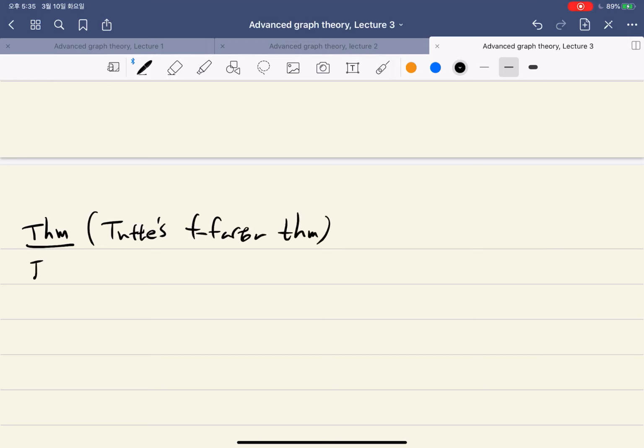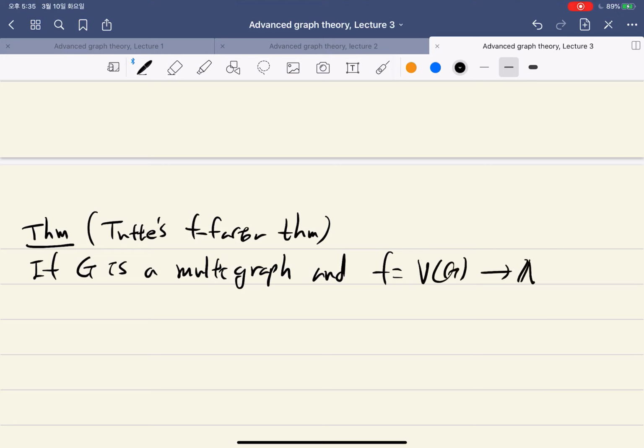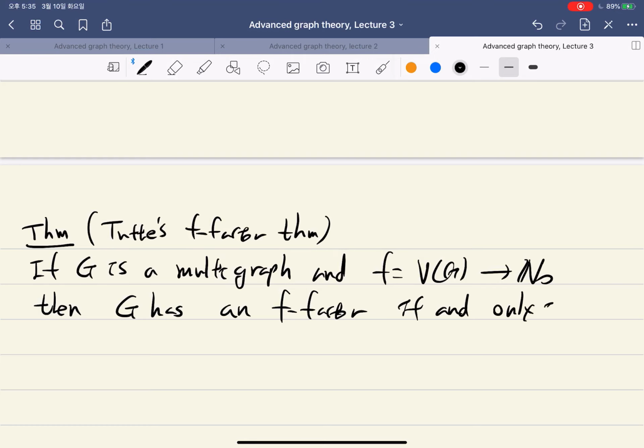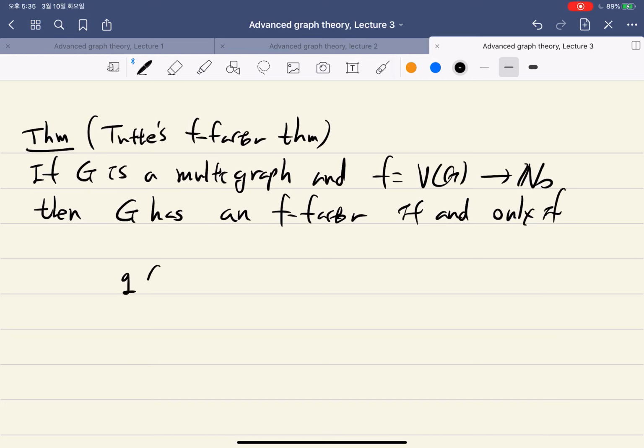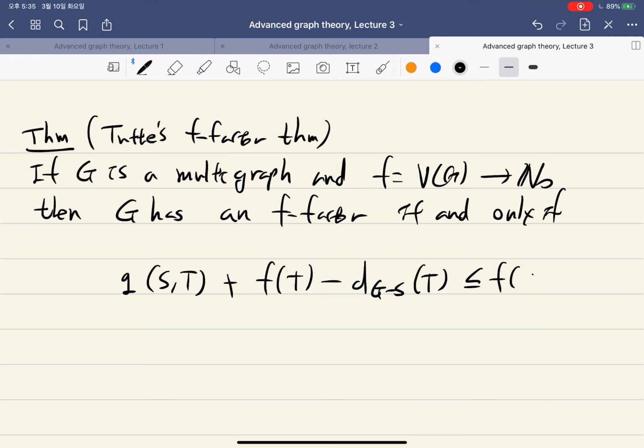It says that if G is a multigraph and f is a non-negative integer function on the vertices, then G has an f factor if and only if q(S,T) plus f(T) minus e(T, G minus S minus T) is at most f(S).